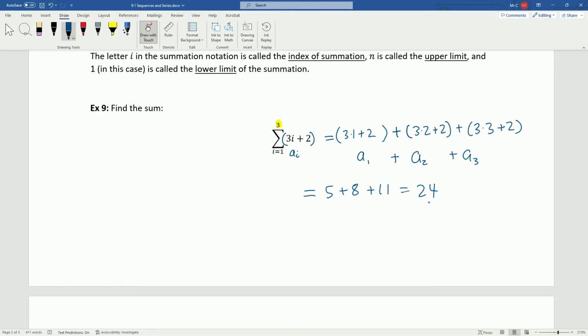But part of the advantage of summation notation is that we will learn that many types of sums have nice formulas that we can work with that save us a lot of computational time. So it's pretty rare that you're going to add all these out long form. That's not going to usually happen all that often, but it does happen on occasion where you just need to add them.